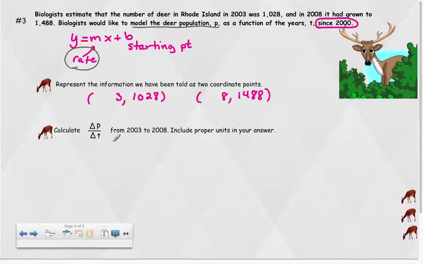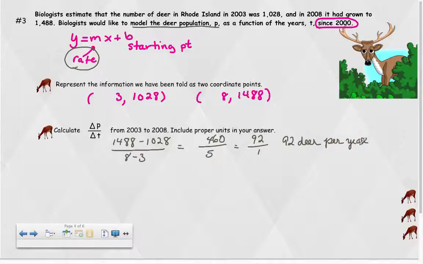So I'm going to take 1,488 minus 1,028, because that's my population, and the change in time over 5 years, how did this deer population grow? It grew 460 deer over 5 years. And when I divide that out, 92 over 1, right? So 92 deer per year.